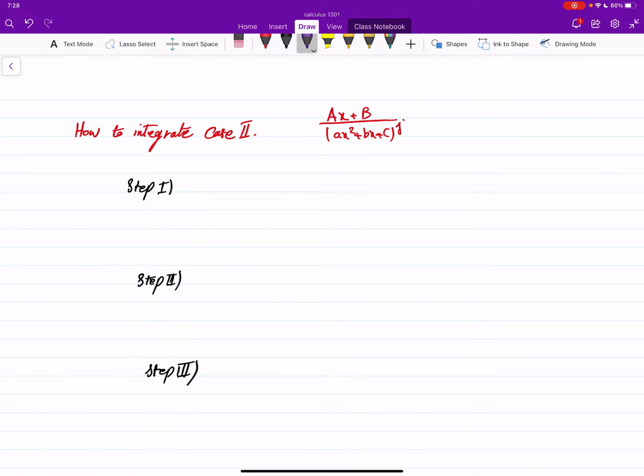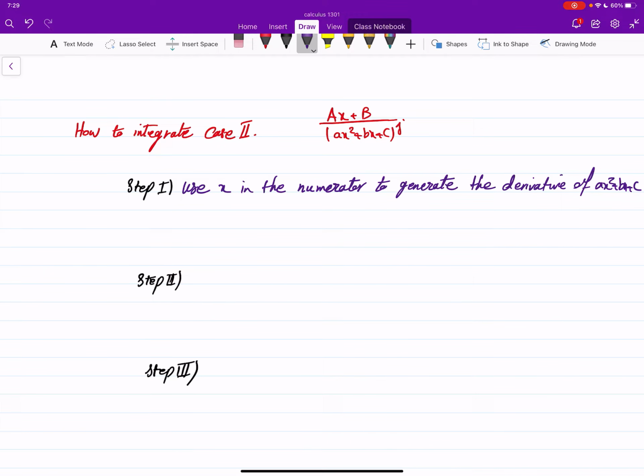So use x in the numerator if there is any. If there isn't, just jump to the next step.